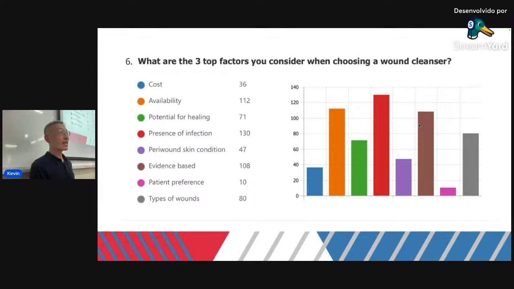So I think it's interesting that people place evidence at such a high level, and it really presents a big challenge for companies when they promote different products, at the same time present the evidence to support the use of their cleanser or different dressings as well.